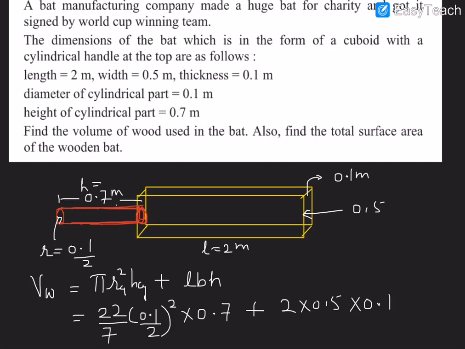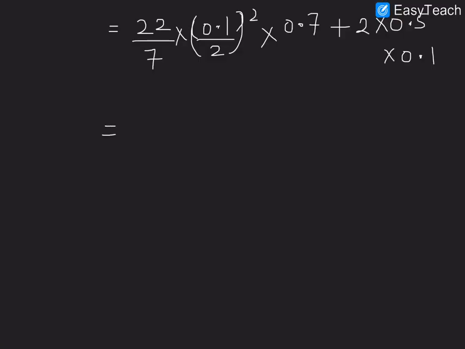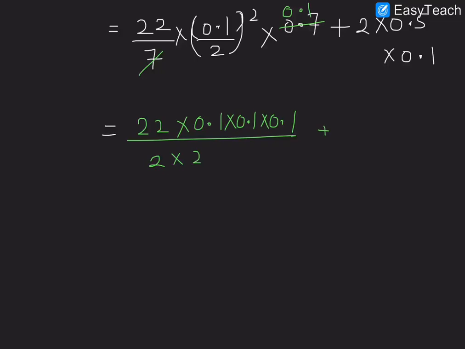So simplifying this, from here 7 will give you 0.1, so 22 into 0.1 into 0.1 into 0.1 divided by 2 into 2, plus 2 into 0.5 is 1, so 0.1.